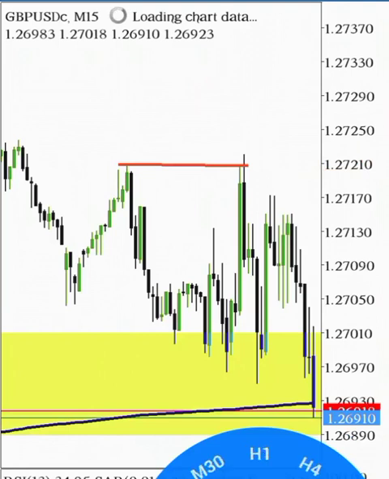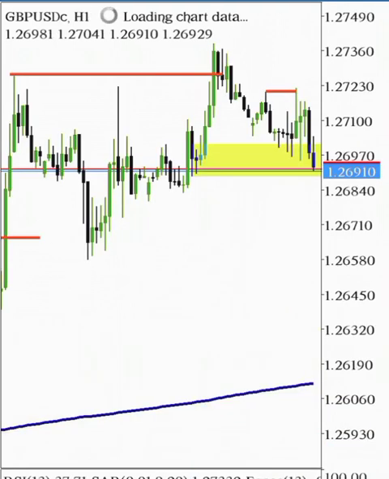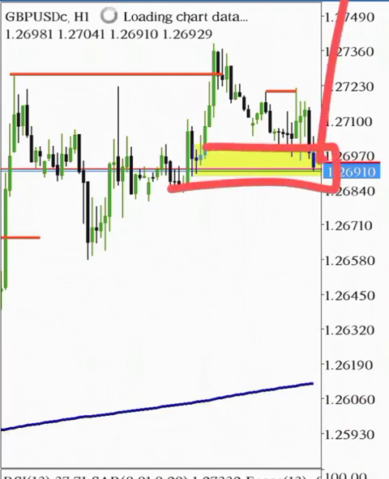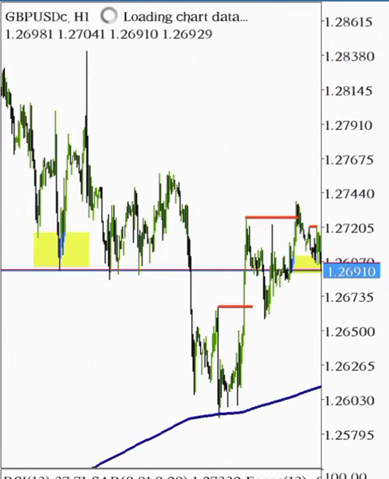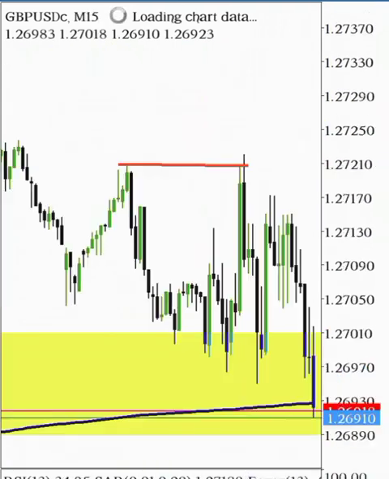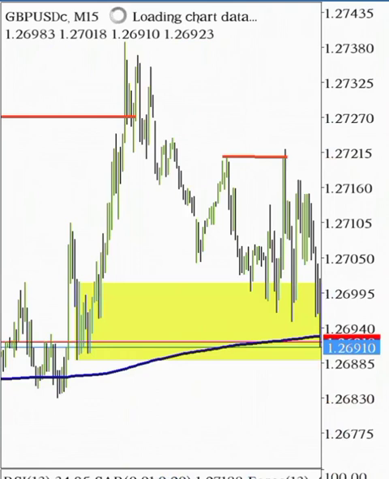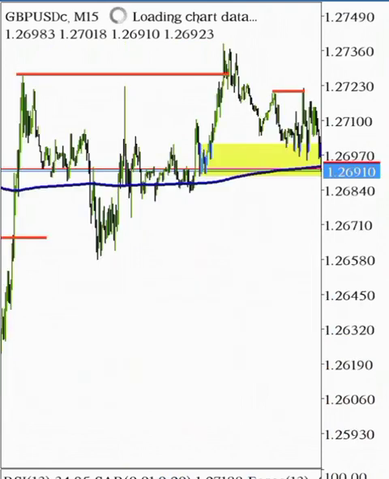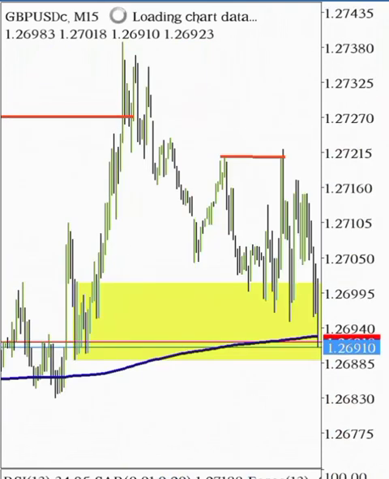Once you have marked it, that tells us that is the best zone to look for a buy trade, since the trend is up. Our candles are above our blueberry. So now let's begin. When you are in your 15-minute time frame, you can zoom your chart in. I think this is okay.